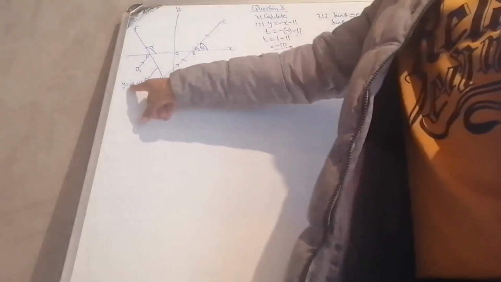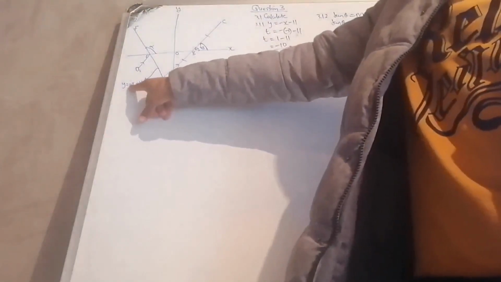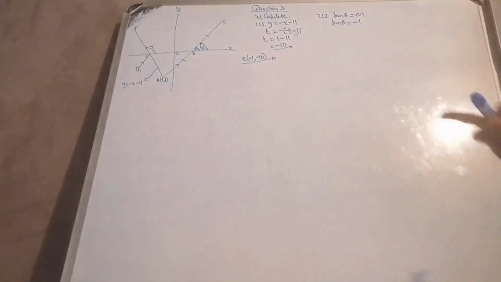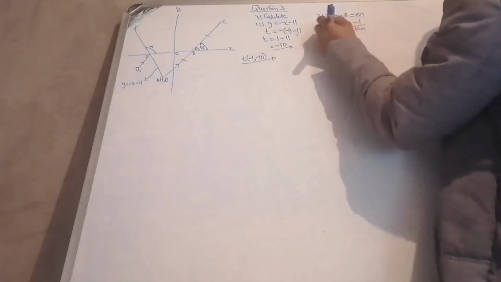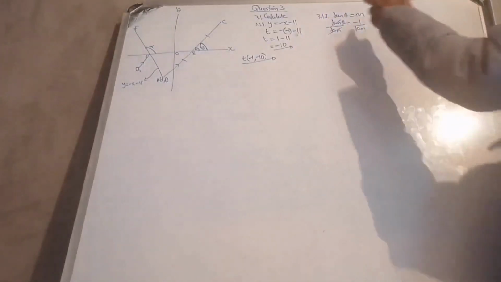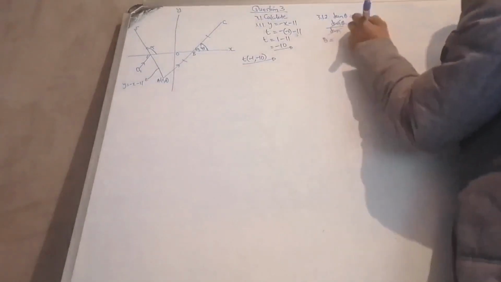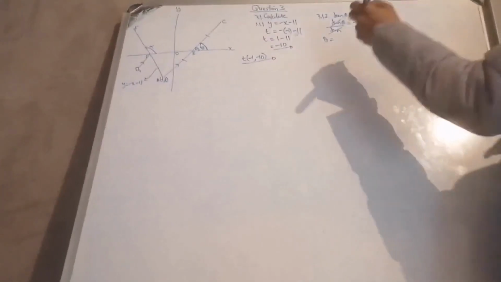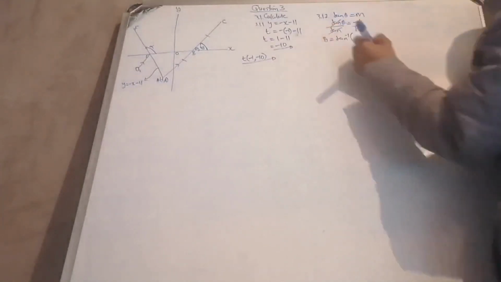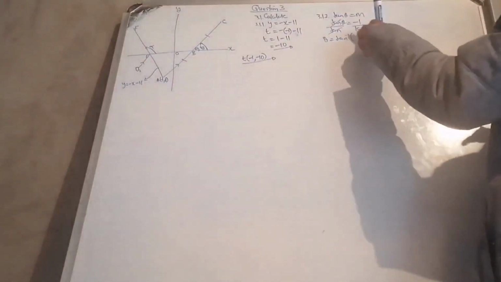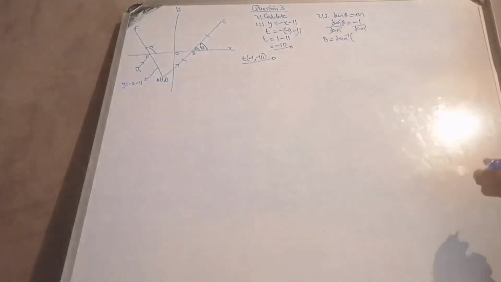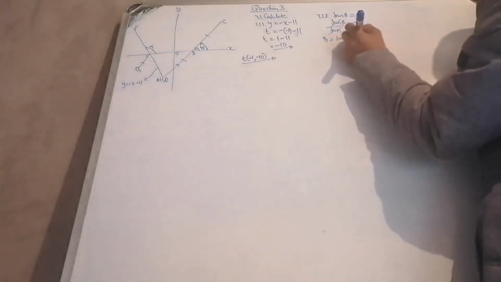Now, what is my gradient there? The gradient is negative 1. So I have my negative 1 there, and I'm looking for the value of theta. So I can take the inverse tan, arctan of negative 1.